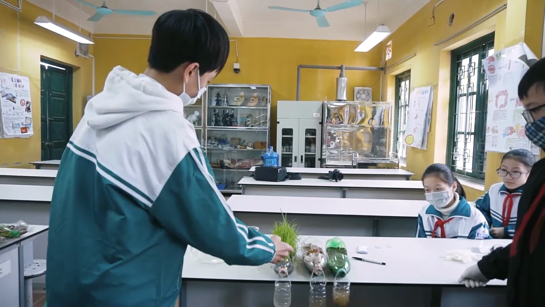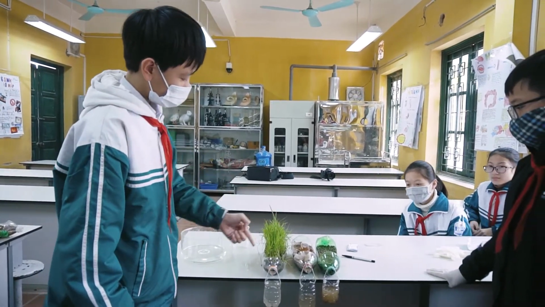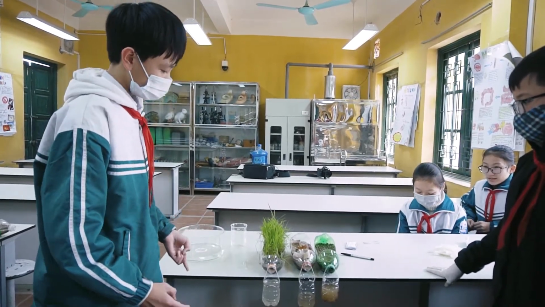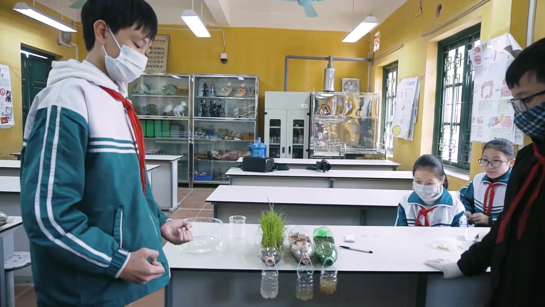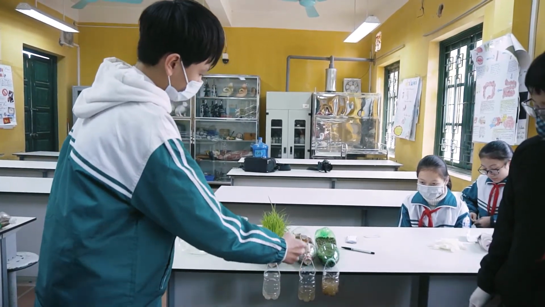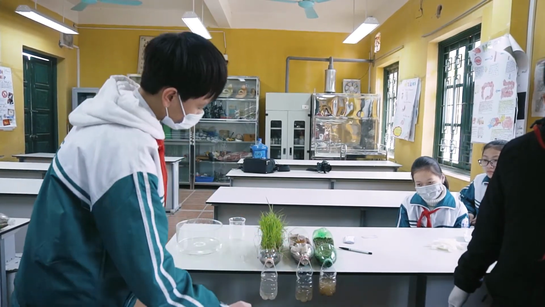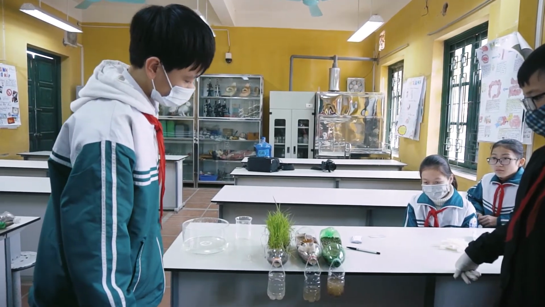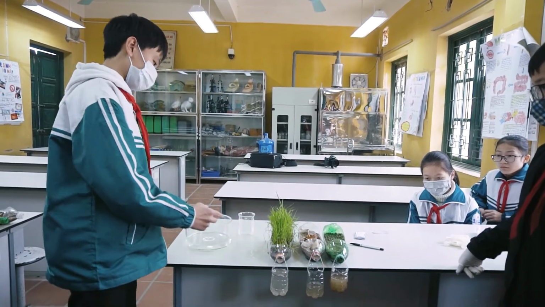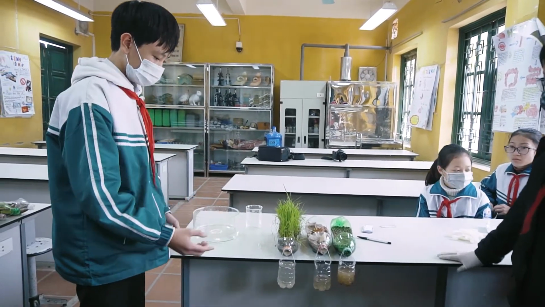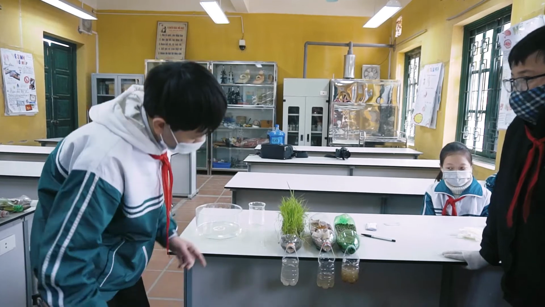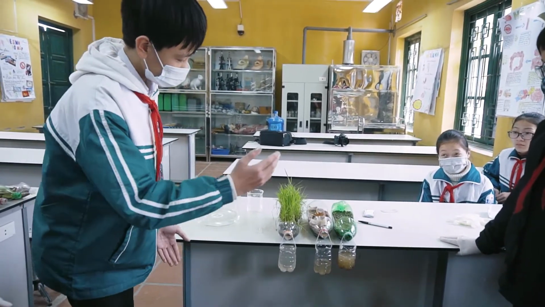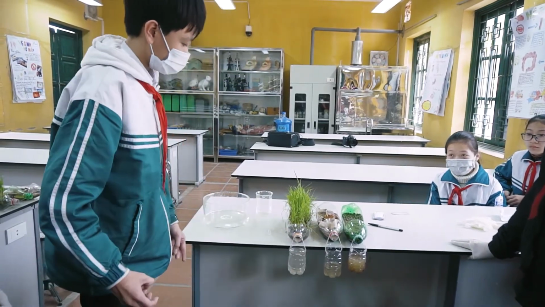In the second bottle, we have more leaves on the ground. When we pour the water, it flows into here. It's not as violent as this one. And the water is also fresher. And the third one, we have more grass and plants. As you can see, the water is so fresh. It's not as dark as these two.